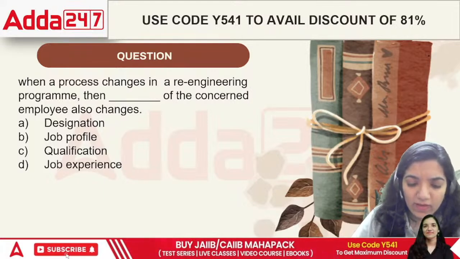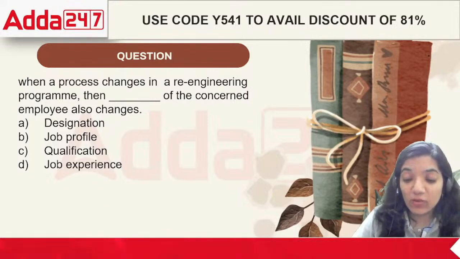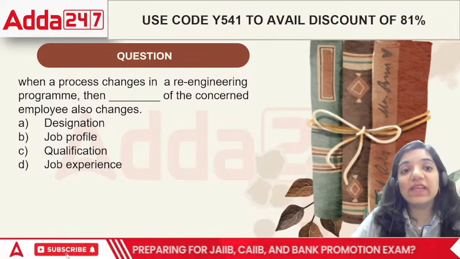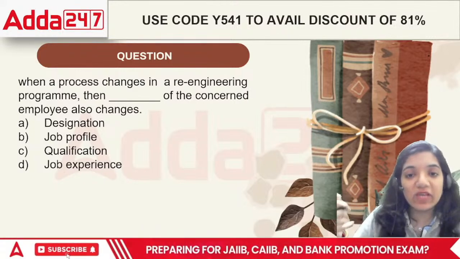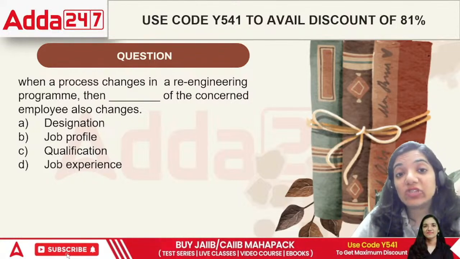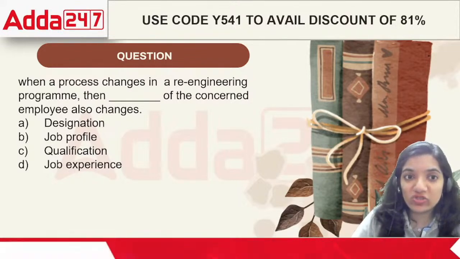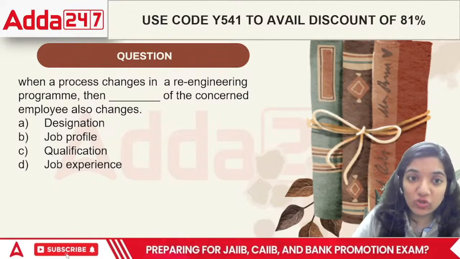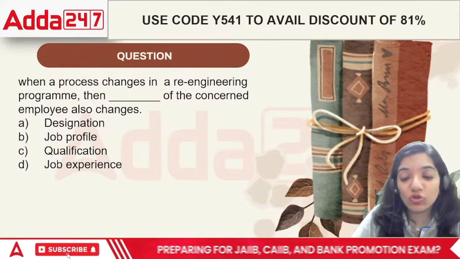Okay. Then the second question says when a process changes in a re-engineering program, that means sometimes we look towards a new program for the people there. So then dash of the concerned employee also changes. What changes? The designation, the job profile, their qualification or job experience.